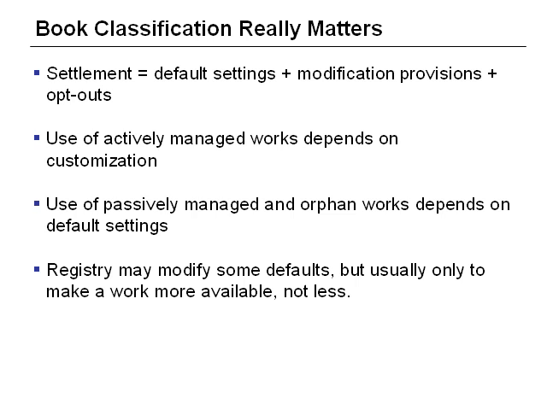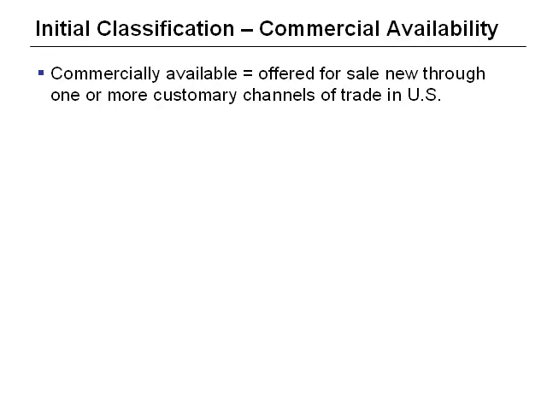The settlement defaults may also be significant in setting the expectations of active rights holders as they define a new baseline or status quo for negotiation. A number of significant default provisions and customization opportunities have already been noted in the preceding analysis. What remains to be discussed is a detailed description of how books are initially classified.